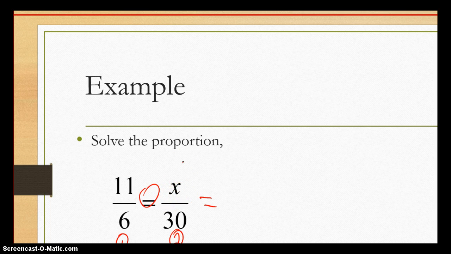Now I would think in my head, look at the ratio on the left. I noticed something about this ratio: it's 11 over 6, and the number on top is larger than the number on the bottom. So you have to anticipate that the numerator here is going to be larger than the denominator of 30.